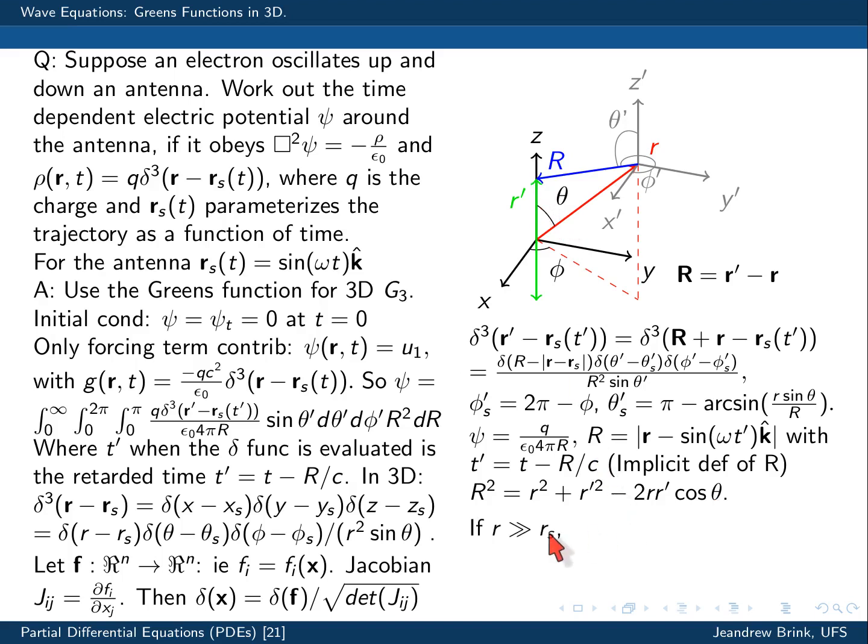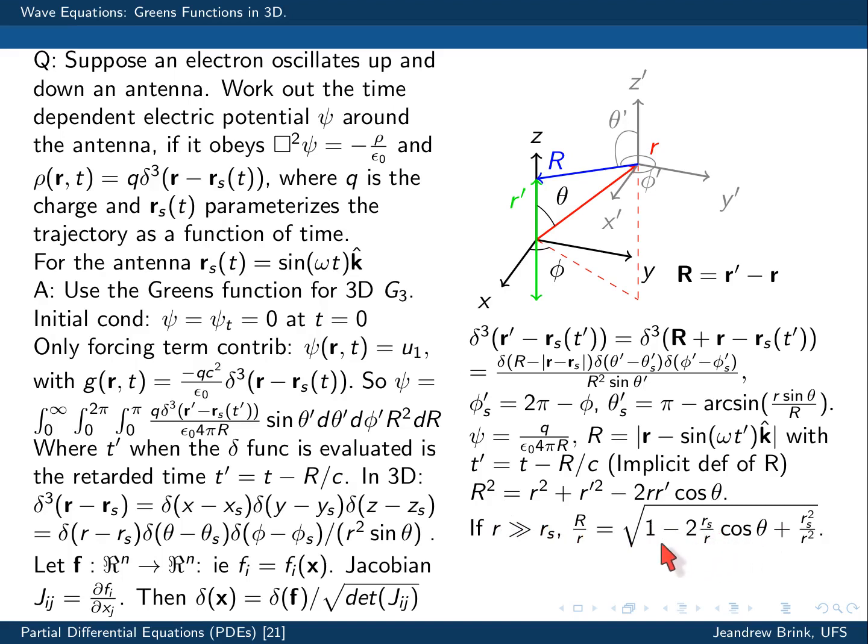Okay, and what you can now say is, if this r is much, much larger than basically rs, which is 1 for this case, which is the maximum value of the range where your particle moves, what you can then do is simply find an expression for r over r prime, which is just the square root of 1 minus 2 times rs over r plus r squared, to a linear order.